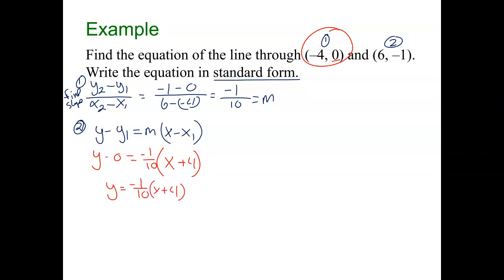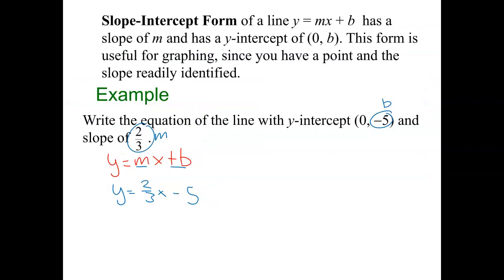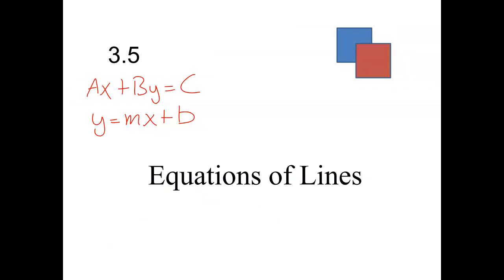So now I'm almost in slope-intercept form, pretty close. But I need to get in standard form. So looking back, standard form versus slope-intercept form, what are some of the big noticeable differences between these 2 equations? Of how the variables are set up, and the information that we're given.